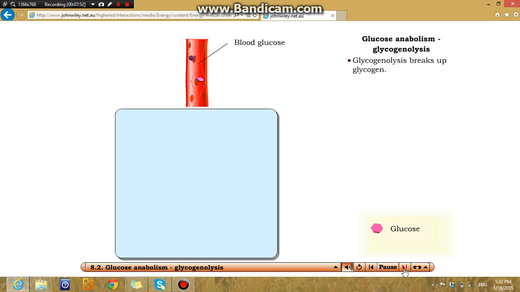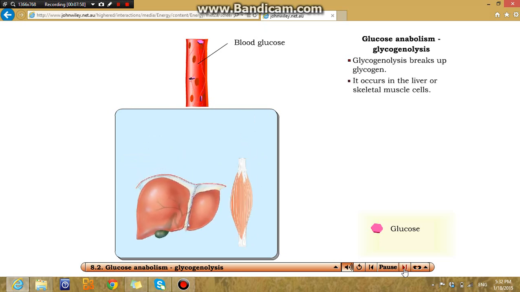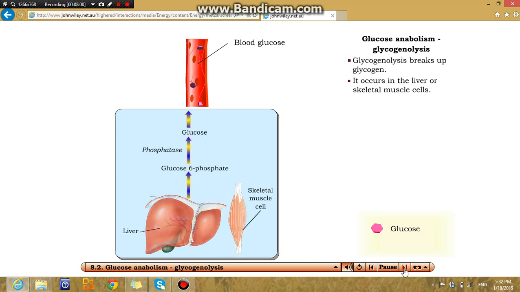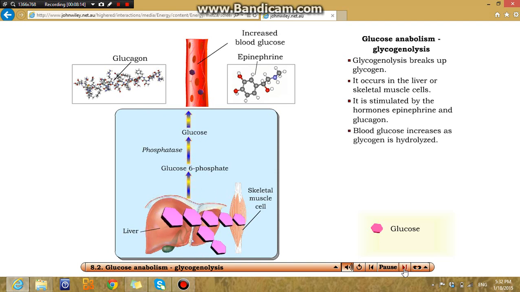Glycogenolysis is a process that breaks up glycogen and occurs in the liver or skeletal muscle cells. The hormones epinephrine and glucagon stimulate glycogenolysis. As the glycogen is hydrolyzed, blood glucose will increase and may be oxidized by the body cells to get energy.